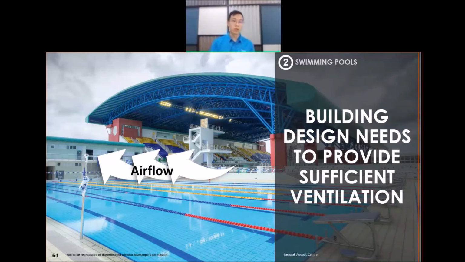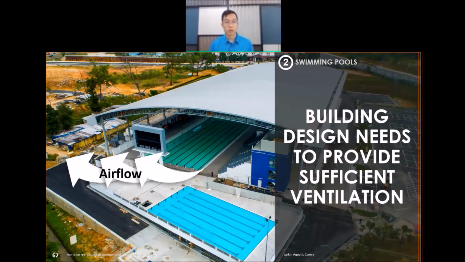The pool itself is an open air swimming pool, and you can have natural airflow, air ventilation to carry away the chloramine from the pool, right? So this will prevent build up of these chloramine chemicals within the indoor pool.